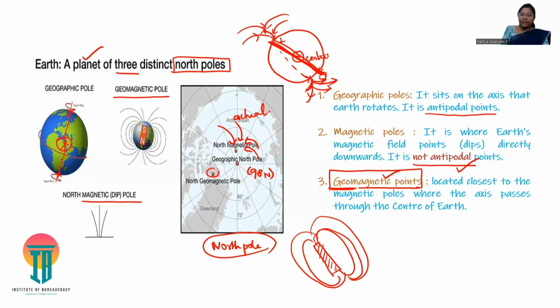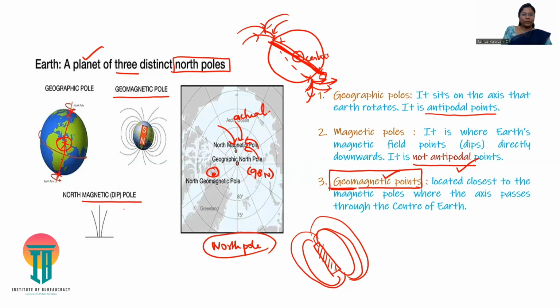What is a geomagnetic pole? A geomagnetic pole is a location near the magnetic pole where, when I join the geomagnetic north pole and the geomagnetic south pole, the line passes through the center of earth. Such a location is considered the north geomagnetic pole.